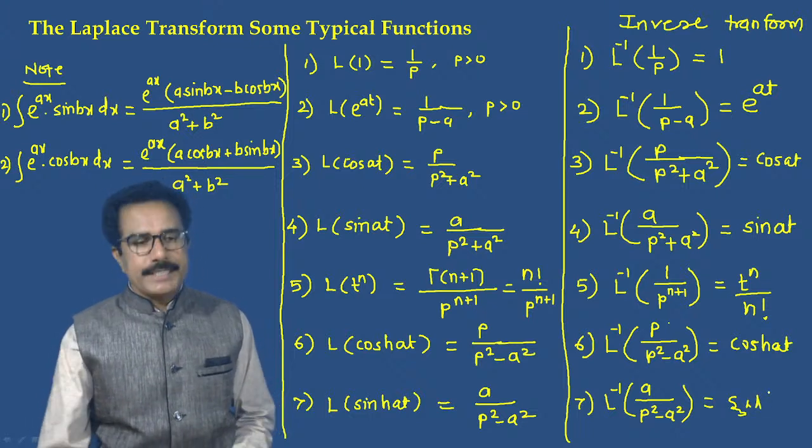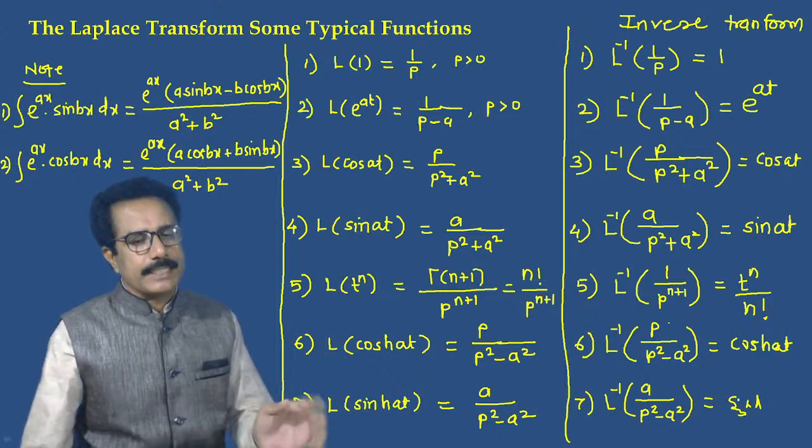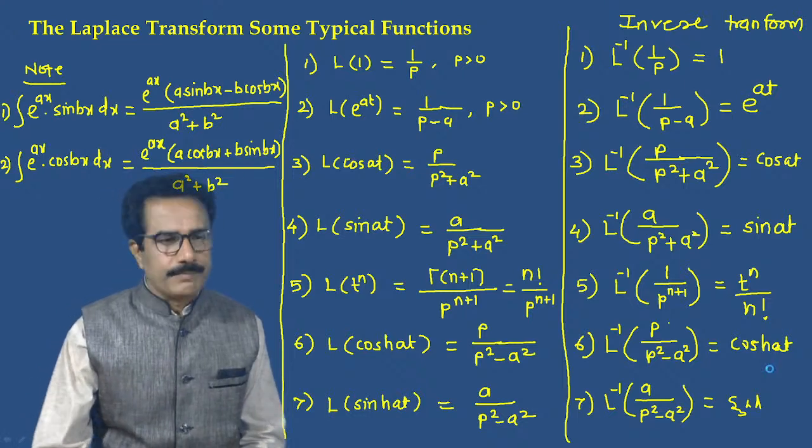So we can write this as 1 by a sin hyperbolic at. You can understand this. Okay.